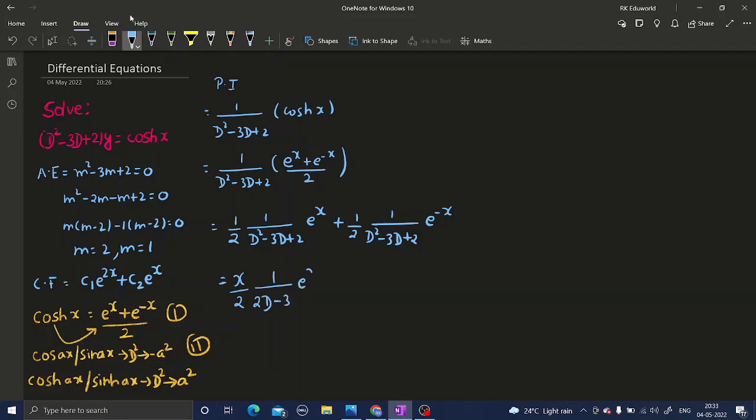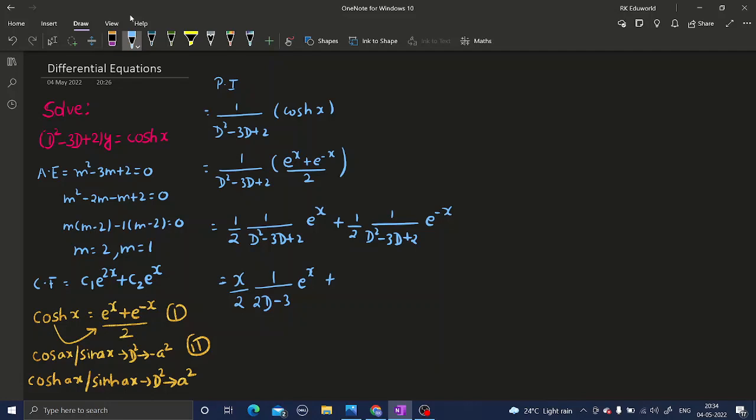Now this operates on e power x. Plus, here also you check, you will have to replace this D by minus 1 in this case. So minus 1 square is 1, 1 plus 2 is 3, and here if you put D as minus 1, you'll get plus 3 from the minus 3D, plus 3 and plus 3, 6.